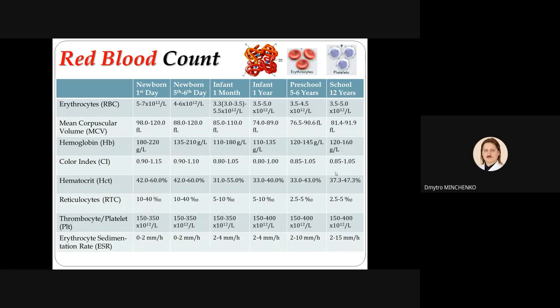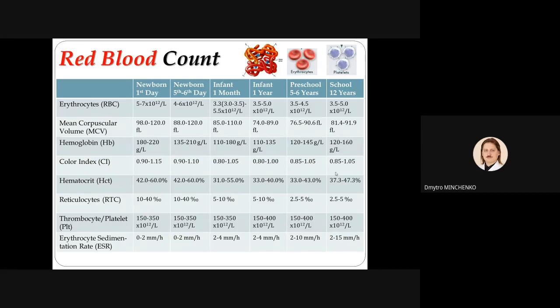Then with time, the more erythrocytes with fetal hemoglobin become destroyed and replaced by adult hemoglobin containing erythrocytes, the smaller they get. And roughly after the age of 1 month, somewhere around the age of 4 or 5 months, the erythrocytes reach their peak smallness.